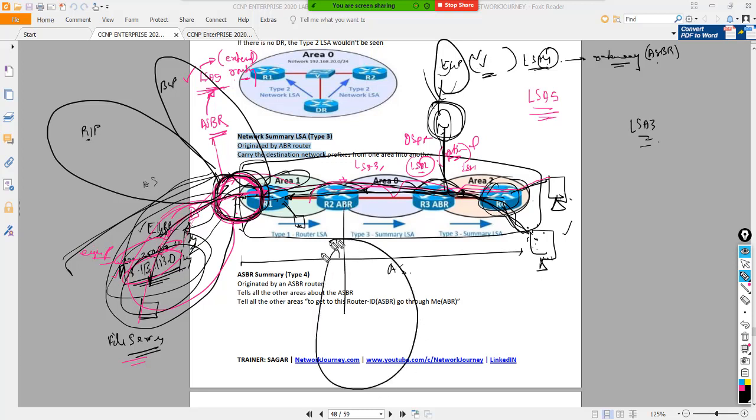Let's say there were some other EIGRP networks, and you had another ASBR. Each ASBR will have LSA4. So this is going to have LSA4, this is going to have LSA4, and this is going to have LSA4. Now to reach so-and-so external route, which is nothing but LSA5, whom do you send the packet to, right?